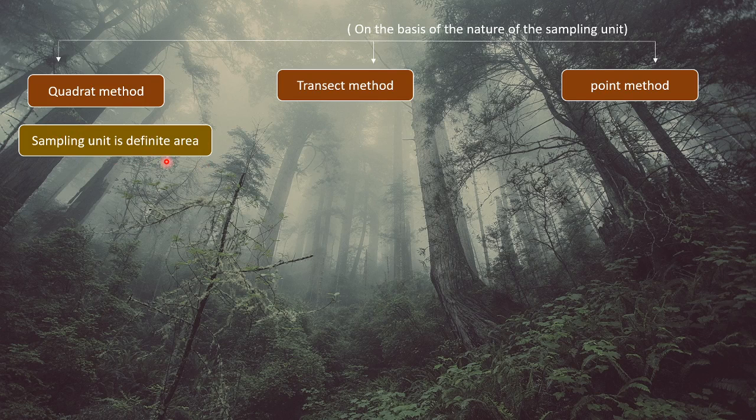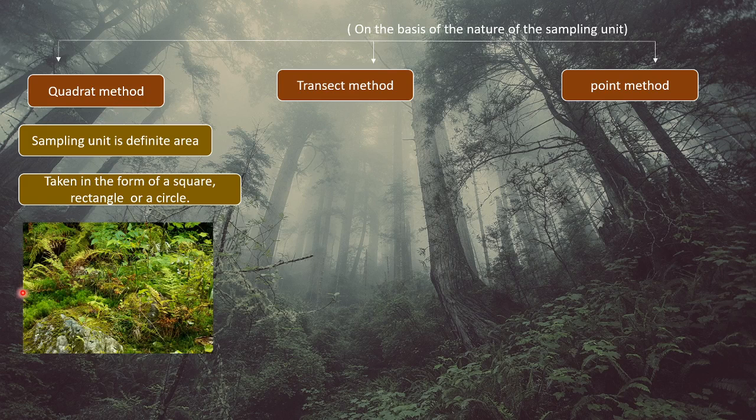Remember, the one sampling unit was area. Now this area that we are talking about is taken in the form of a square, rectangle or a circle. So it could be a square shaped area, a rectangle shaped area or a circle shaped area for Quadrat method.